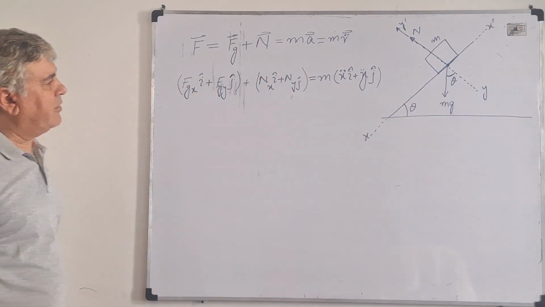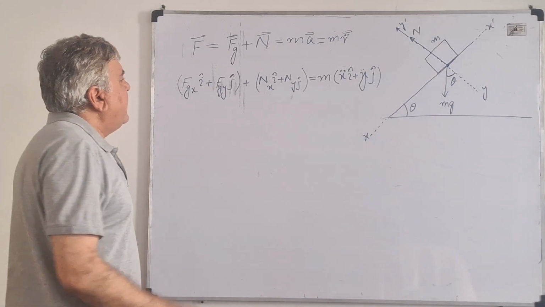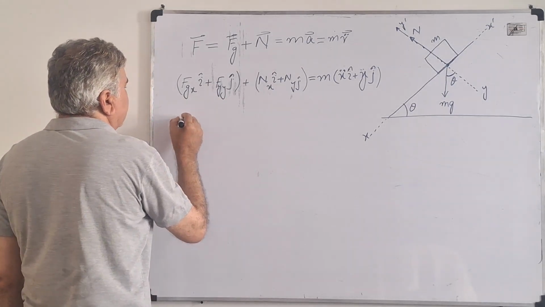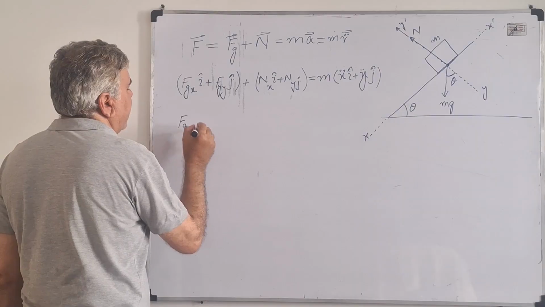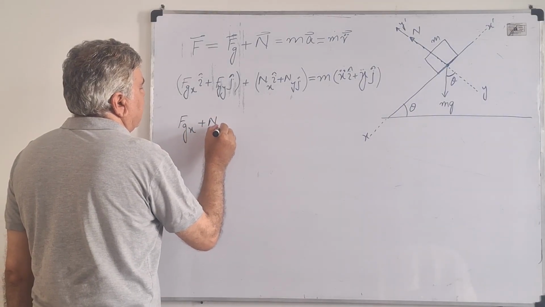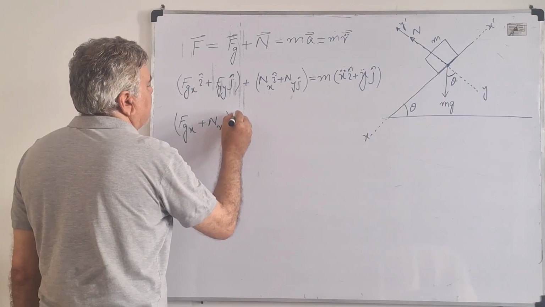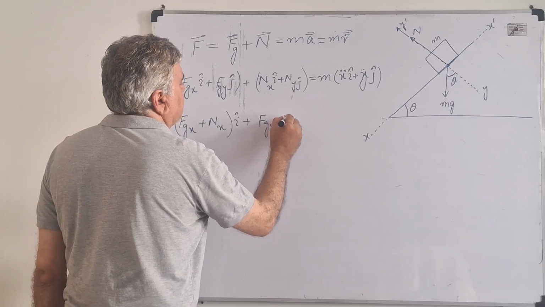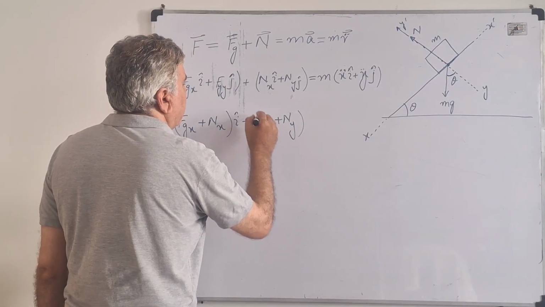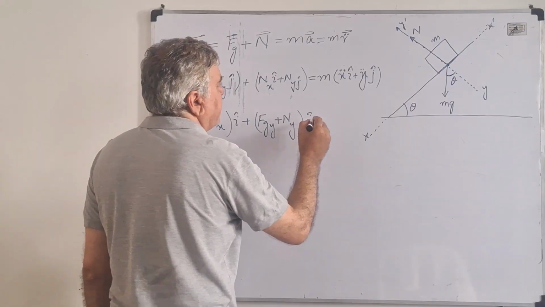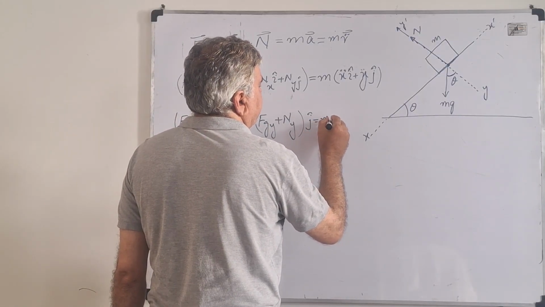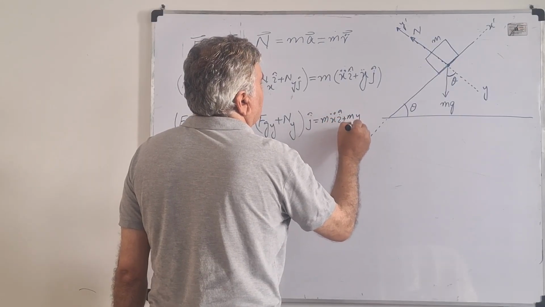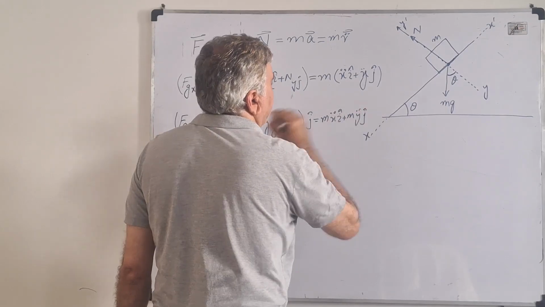That would be the situation. And I can separate on this side the x and y components, and can write this as Fgx plus Nx into i plus Fgy plus Ny into j equals m x double dot i plus m y double dot j.